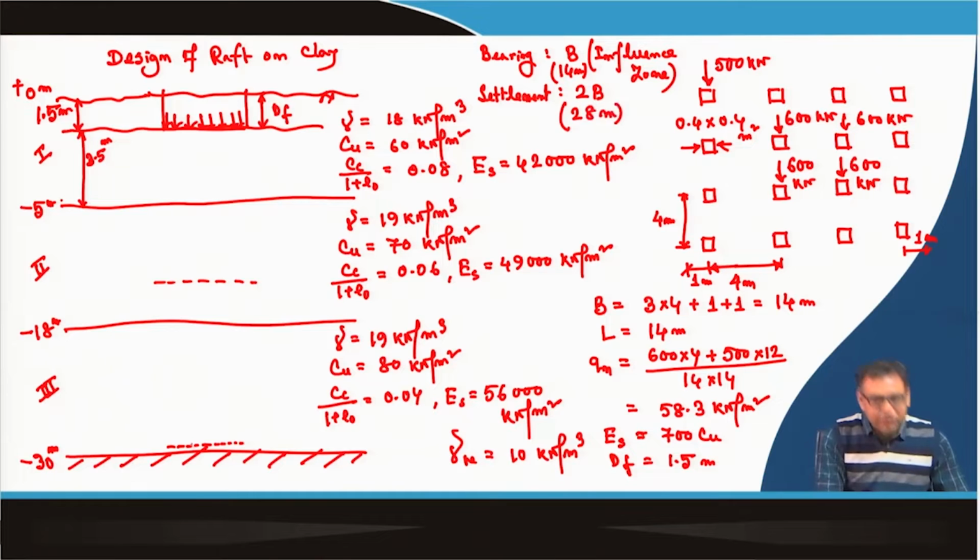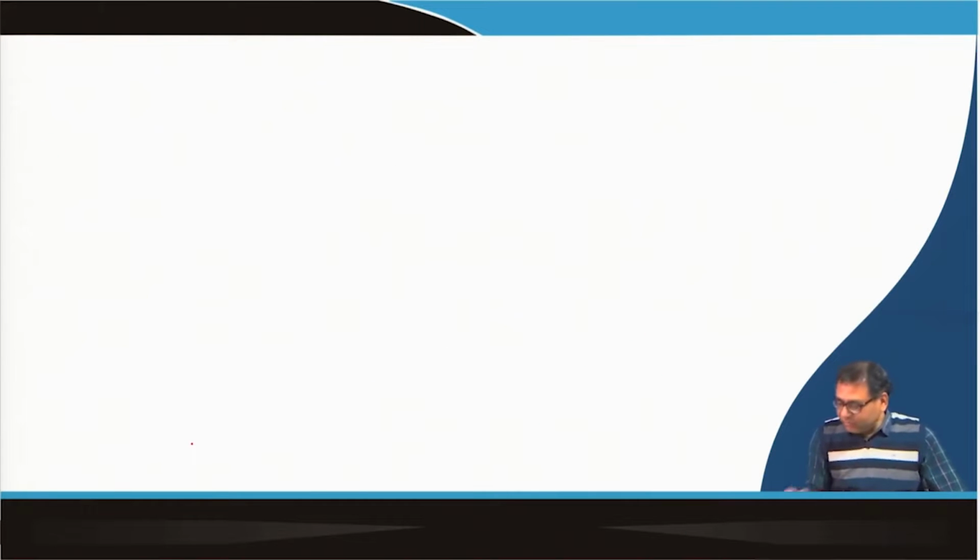So, that will be just close to the end of the third layer, up to 29.5 meter from the surface. And we have taken the weighted average, because the variation is not that significant for the Cu value or the strength parameter, and now we will do the settlement calculation.